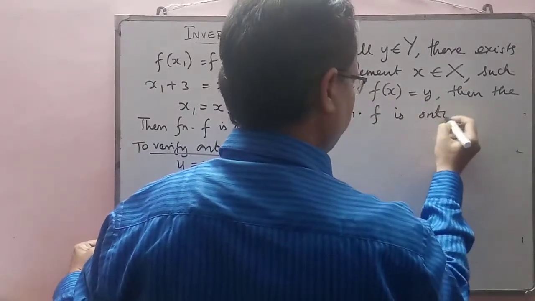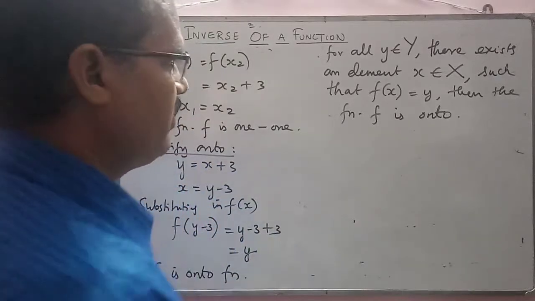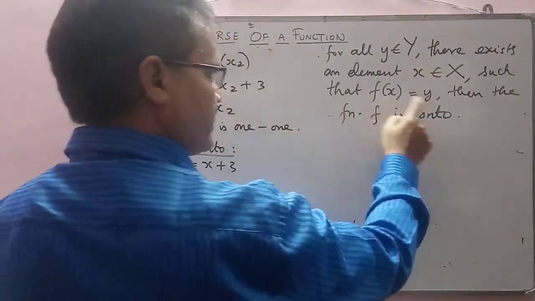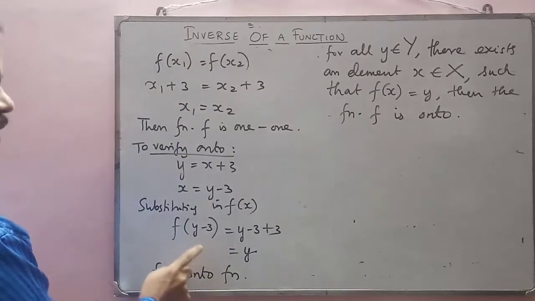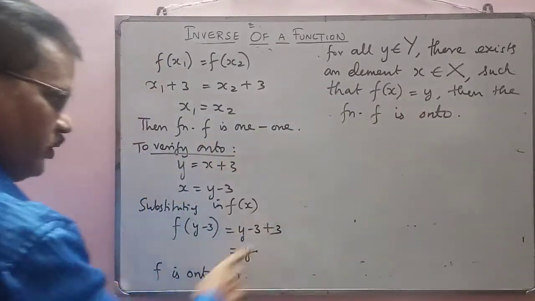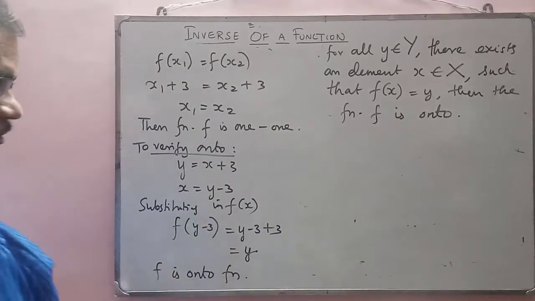This is the onto definition. For all y belongs to Y, you are able to define an x belongs to X such that f of x equal to y. See here, we are able to prove that substituting in f of x we got y, so f of x equal to y. That's why I told this is the onto function.